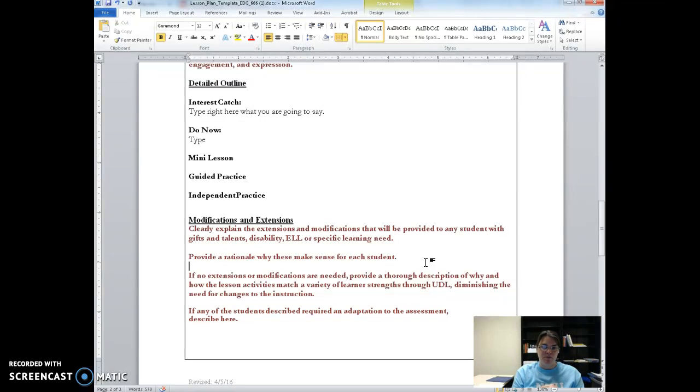Now, some of you will have a beautiful lesson using Universal Design for Learning, and so a lot of those modifications and extensions might be included already up here, so you don't have to re-explain it down here. Just give a quick justification up there under the interest catch. I made sure to include three different choices for the way that they can engage with the material representation.